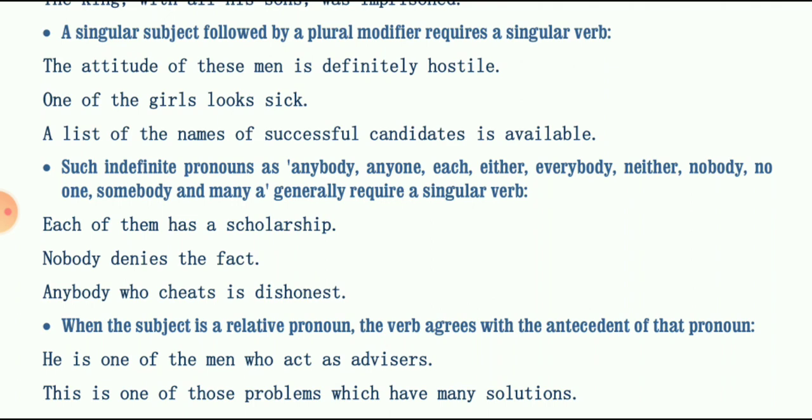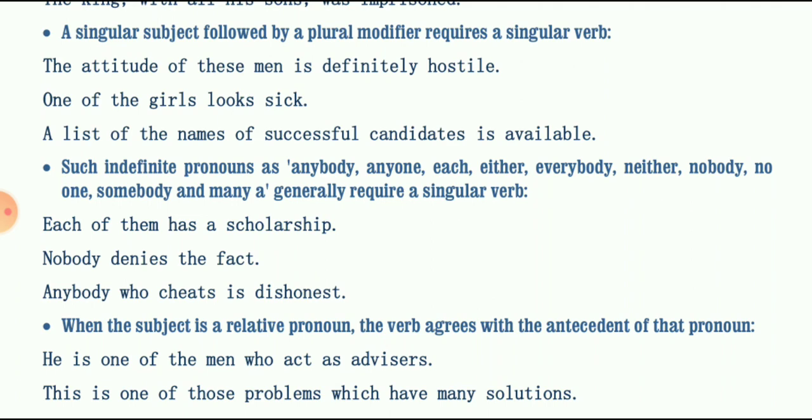So we will use the singular verb, that is looks. A list of the names of successful candidates. Here a list, the names, successful candidates, there are 3 nouns, so we might say we should use a plural verb, but the subject is a list only. So we will use the singular helping verb is.